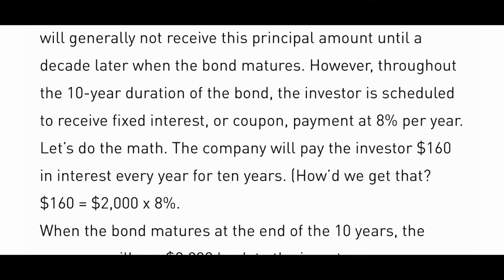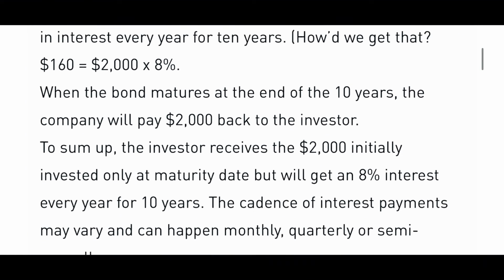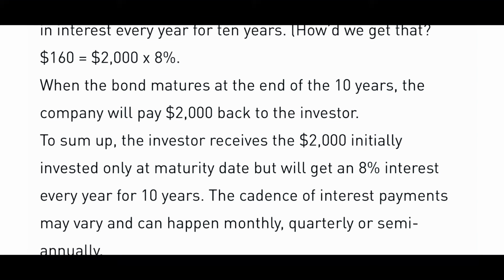The company will pay the investor $160 in interest every year for 10 years. How do we get that? $160 equals $2,000 times 8%. When the bond matures at the end of 10 years, the company will pay $2,000 back to the investor.